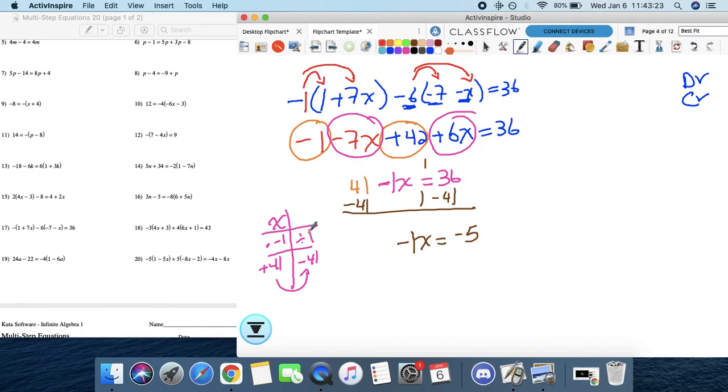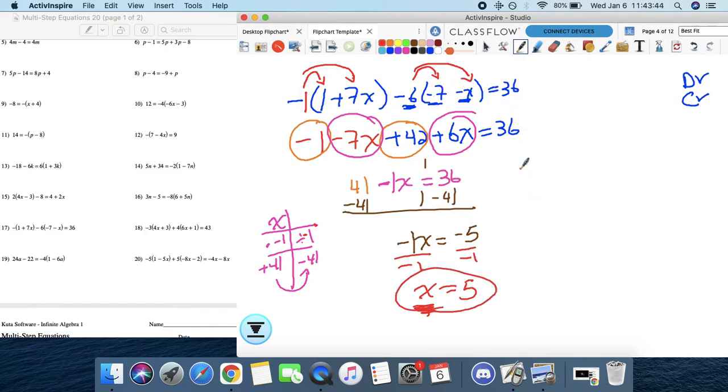The second part says divide both sides by -1. Negative divided by negative is a positive, and that's just 1, and 1 times x is x, and look, our x is positive. And -5 divided by -1 is just +5. And that's our answer.